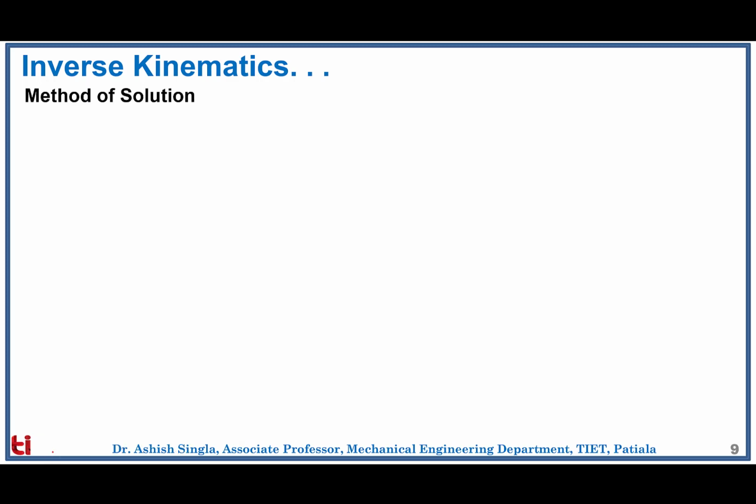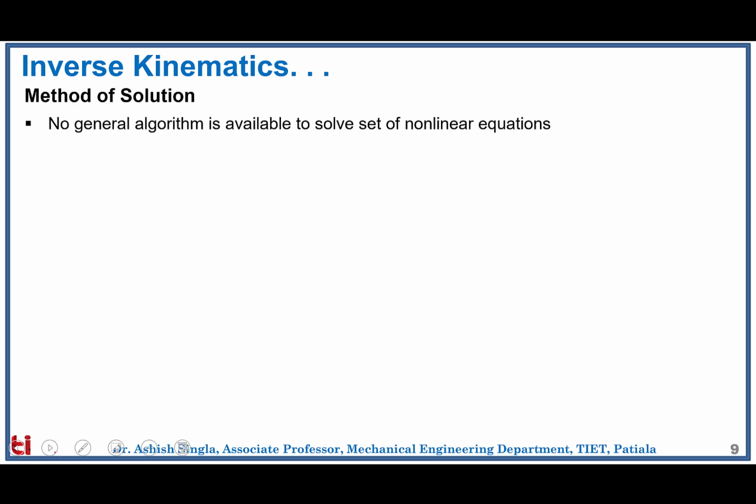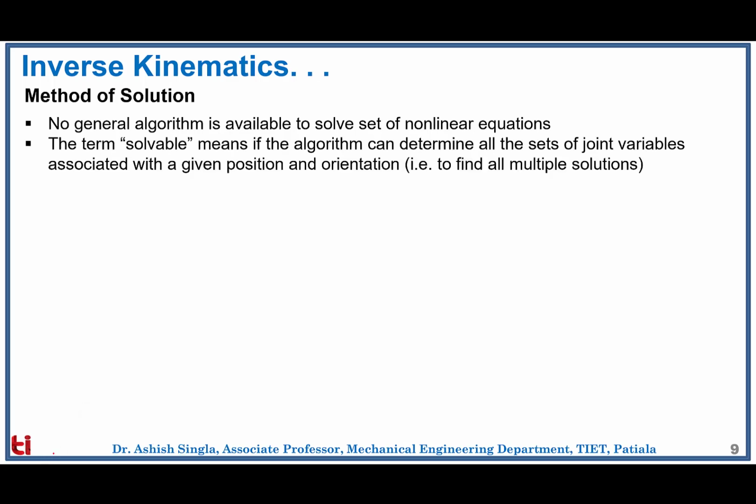Finally, we have the method of solution. We don't have any general algorithm which can solve the set of nonlinear equations. The term solvable means that the algorithm should be able to find all the multiple solutions. Based on their nature, the solutions are broadly classified into 2 categories.